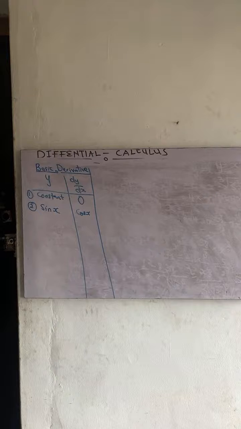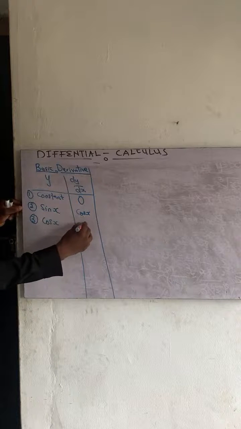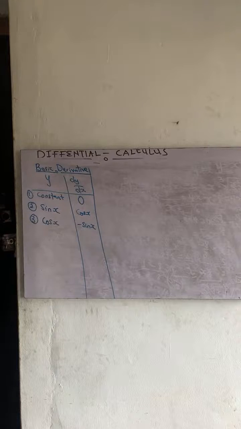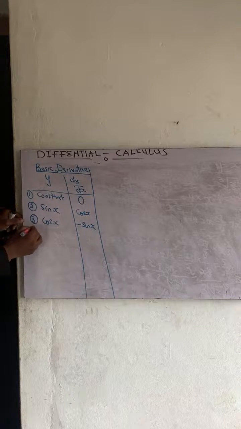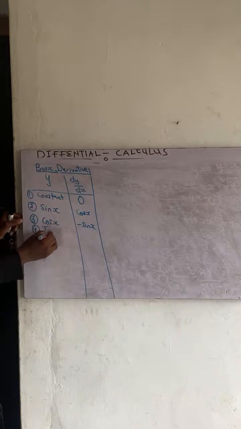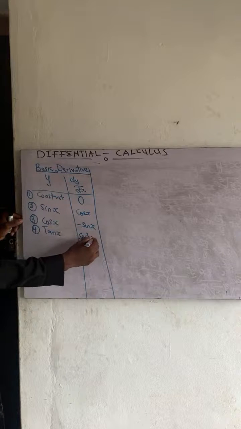The next one you have to know is that the differentiation of cos x will give us minus sin x. The next thing is that the differentiation of tan x would give us sec squared x.